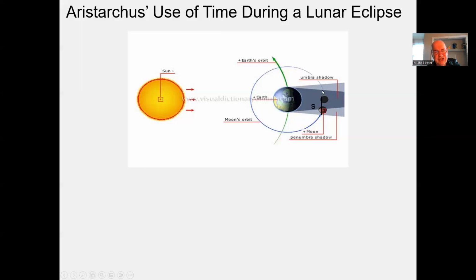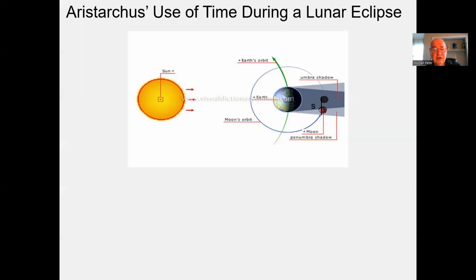So this little S, the length S, must be twice as long as the diameter of the moon. If it takes an hour to get lost in the shadow and another hour to get across to begin to emerge, then there are 2 widths of the moon in that shadow.